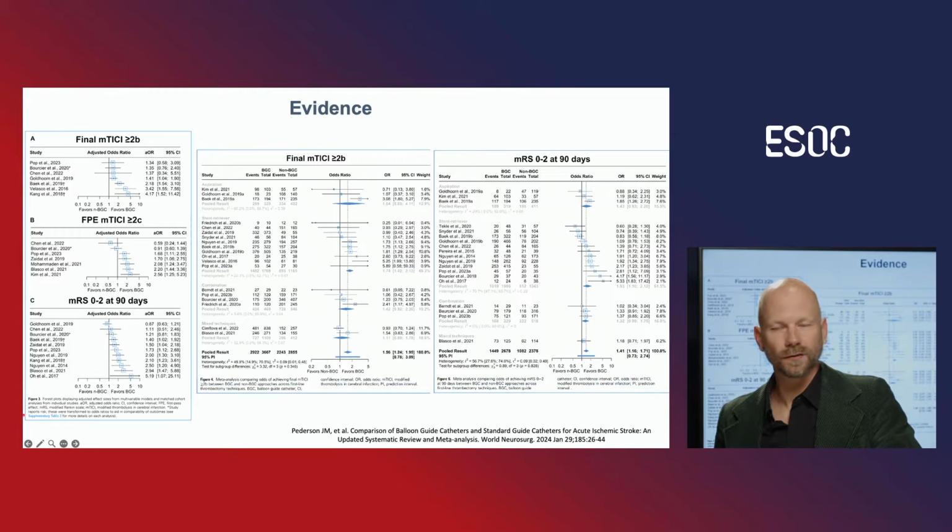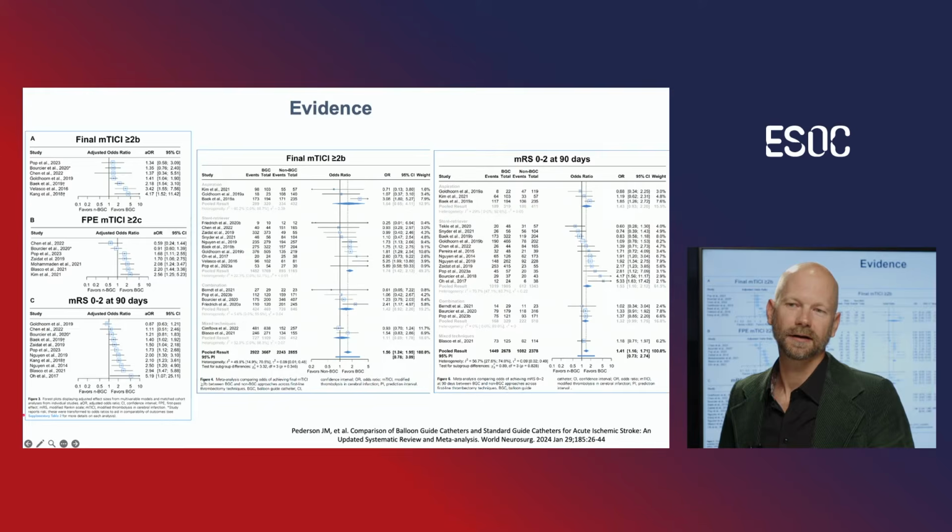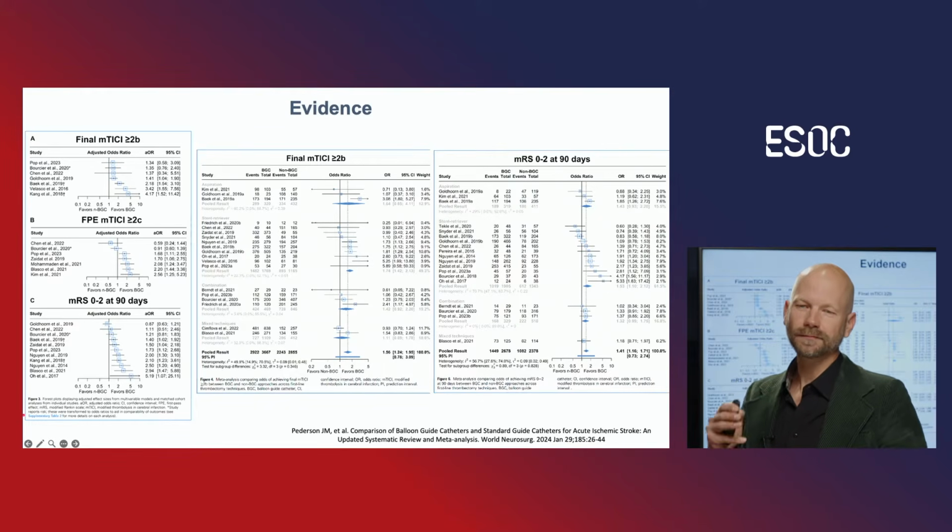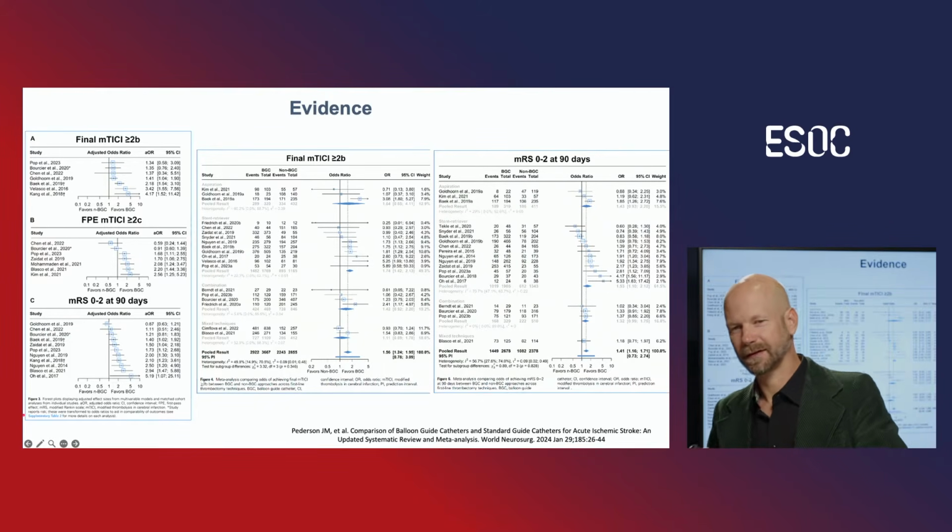This is also true for the different techniques that we can use, like stent retriever alone or a combination technique. And of course, all these studies are not randomized, but some of them are large, prospective registries.